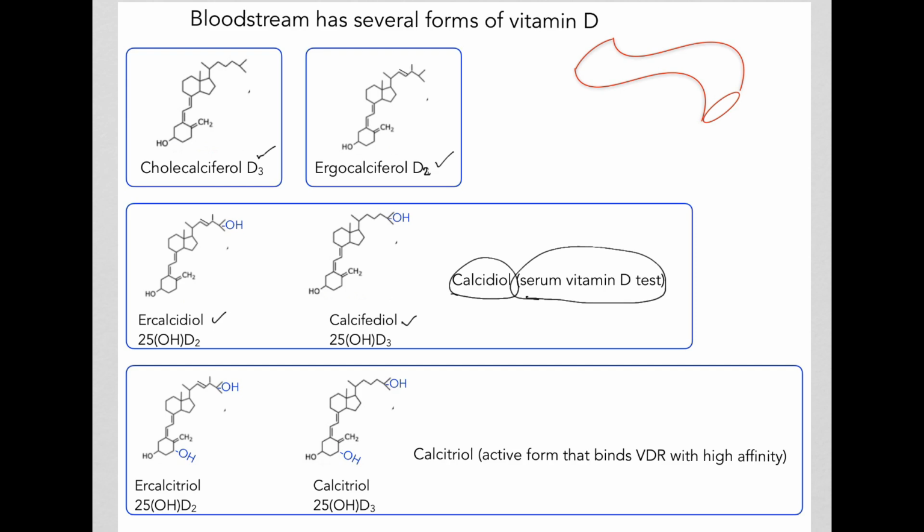And then we have the calcitriol, which includes both forms, and this is the most active form that binds the vitamin D receptor with the highest affinity.